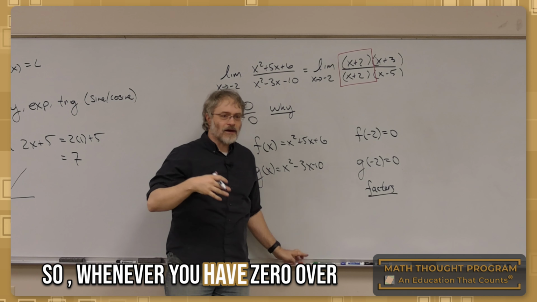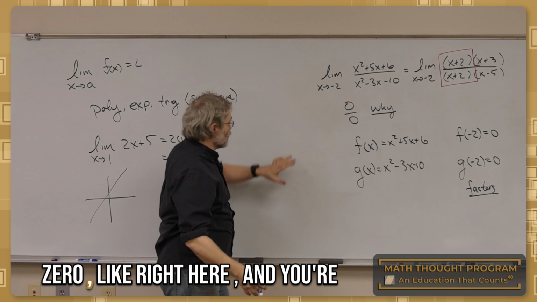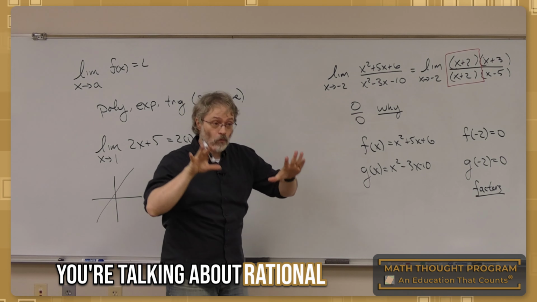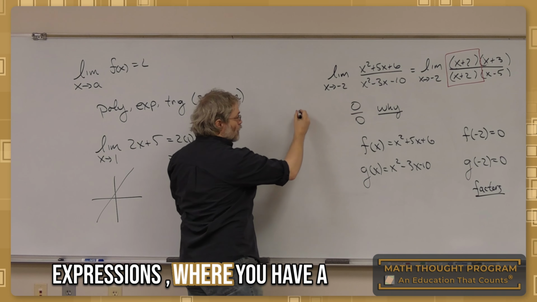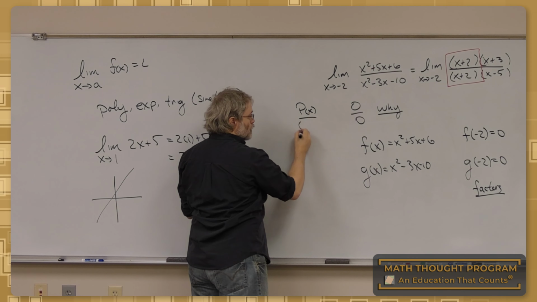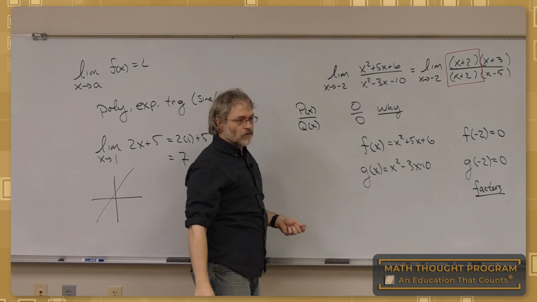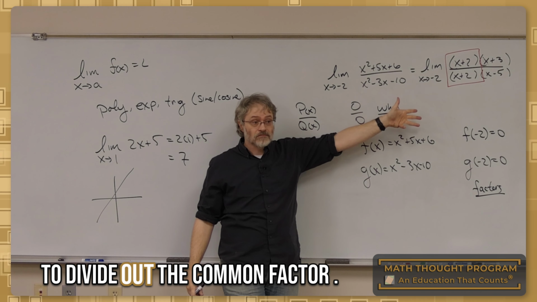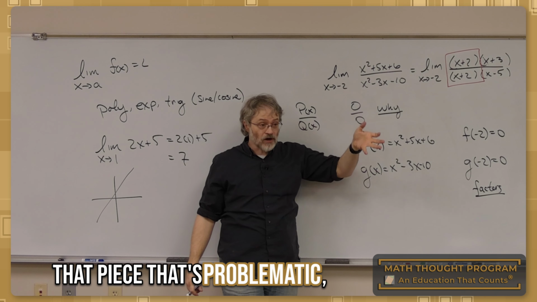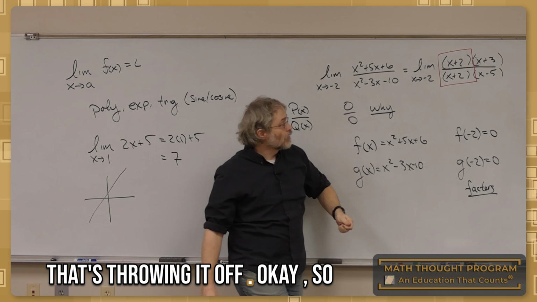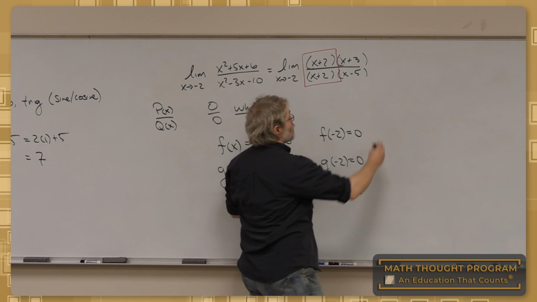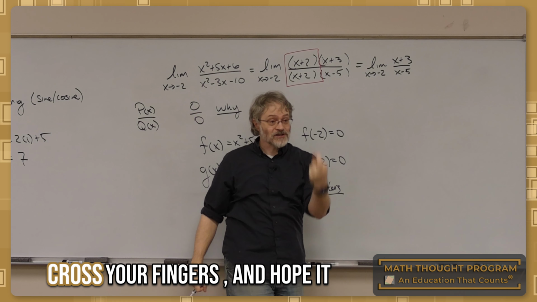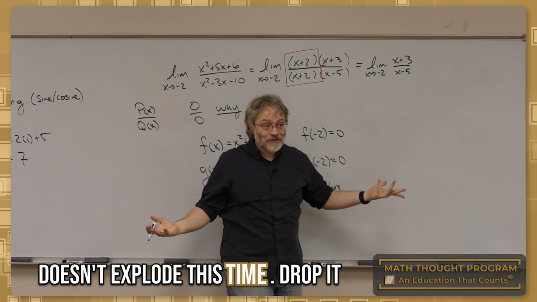Whenever you have 0/0, like right here, and you're talking about rational expressions, where you have a polynomial over a polynomial, you're probably going to be able to divide out the common factor, that piece that's problematic, that's throwing it off. Once this divides out, push that big red button again, cross your fingers, and hope it doesn't explode this time.